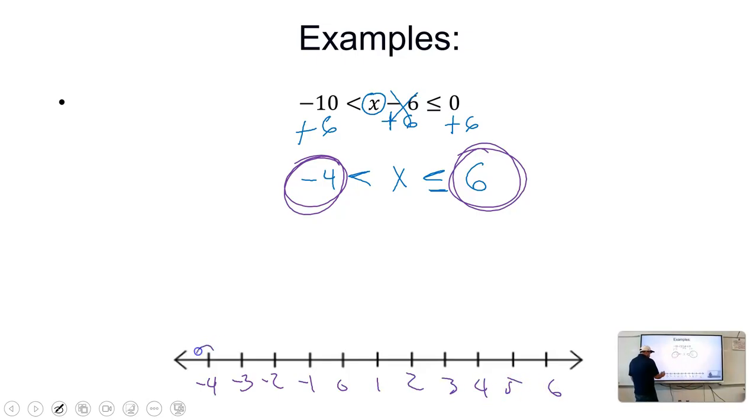So -4 is open because there's not an or equal to sign. 6 is filled in because it does have an or equal to sign. And then we shade between the two points. So the solution to this inequality could be anything between these two numbers, including the number 6. So it could be -3, -2, -1, etc., all the way up to 6.